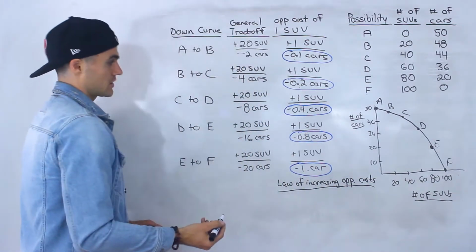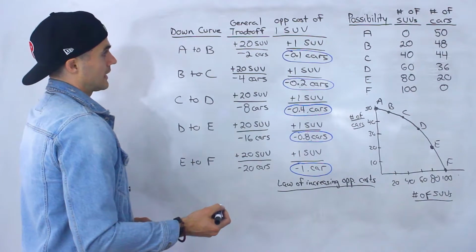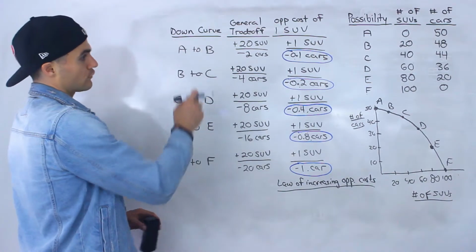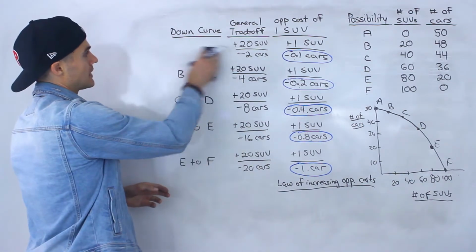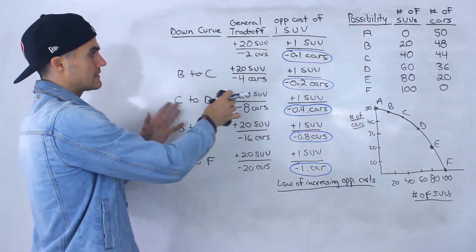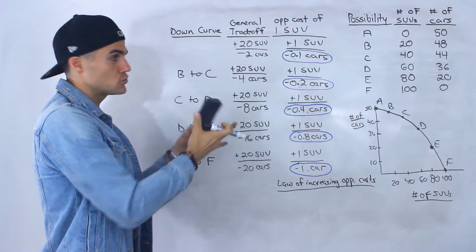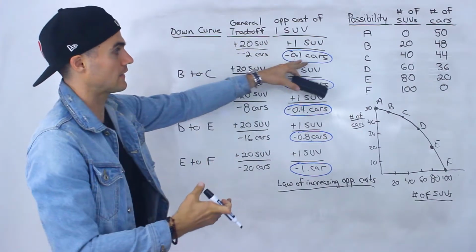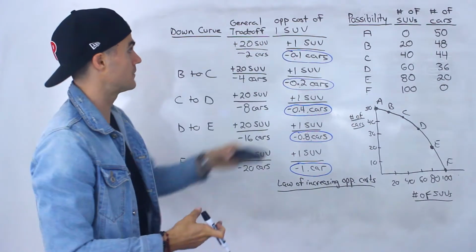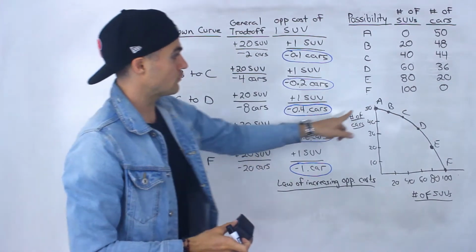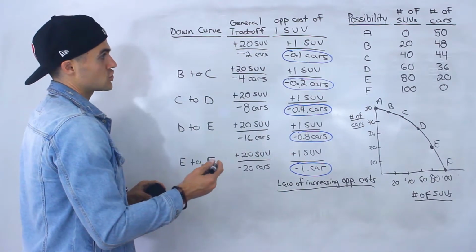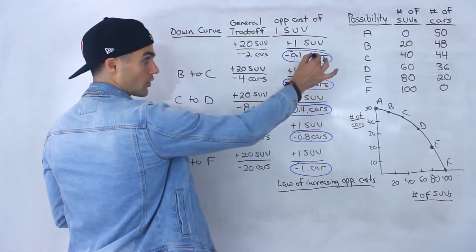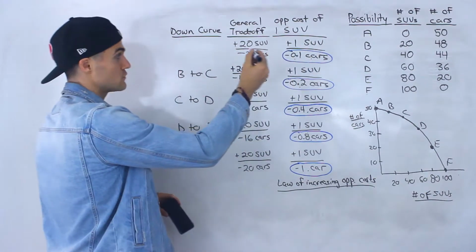And the intuition behind it is that, let's say that we're going from point A to B. What's going to happen is, let's say that in your car manufacturing company, there's 2 departments, one SUV department and then one sports cars department. Well, as we go from here to here, maybe what's going to happen is you have to shift some workers from the car department to the SUV department.